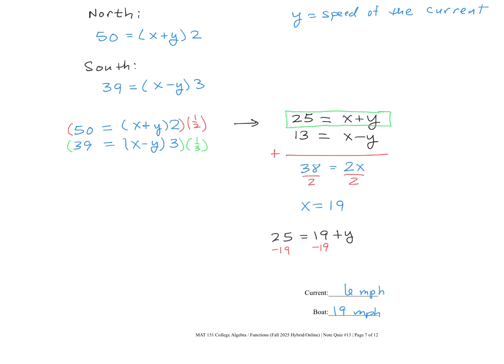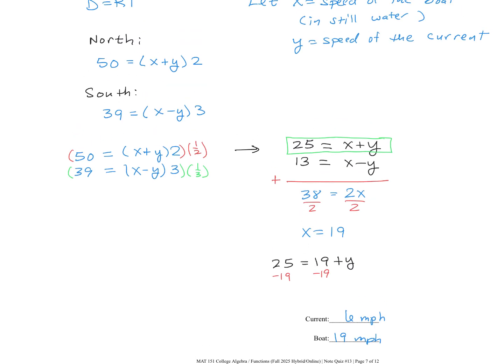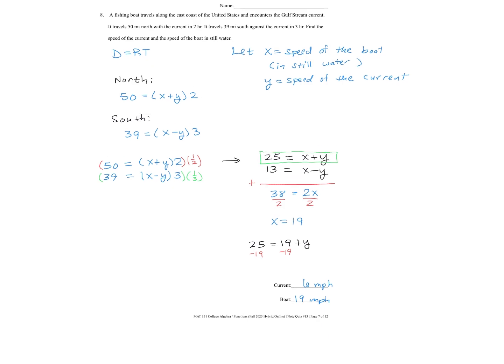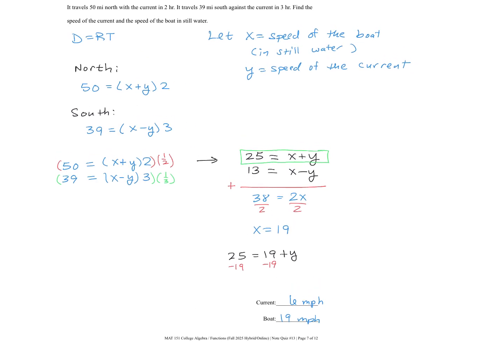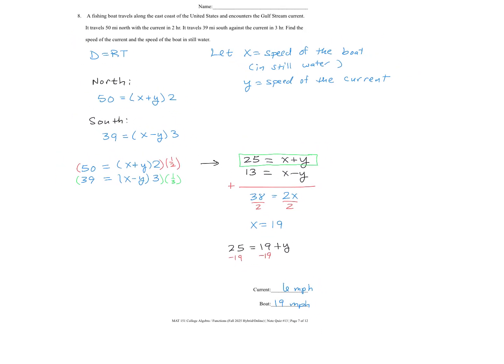So we get answers which make sense because remember, a boat's gotta be faster than the current if you're gonna make any progress traveling on the water. And you'll notice that it's always a sizable difference. So the boat's going 19 and the current is going 6. You also notice we don't have any crazy numbers with negatives or anything else because we have speeds of everything. So that's a distance, rate, time application.